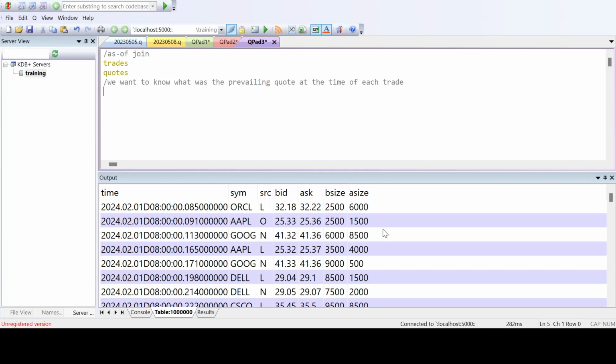What happens in the real world is that traders keep on putting their quotes: I want to buy this particular stock at this price, or I want to sell this particular stock at this price.